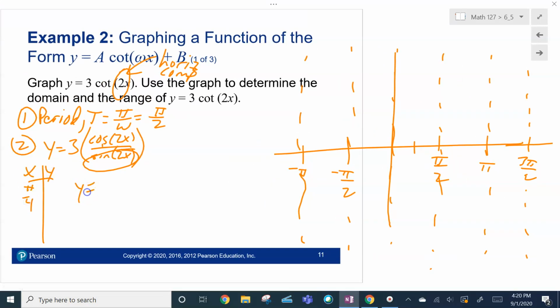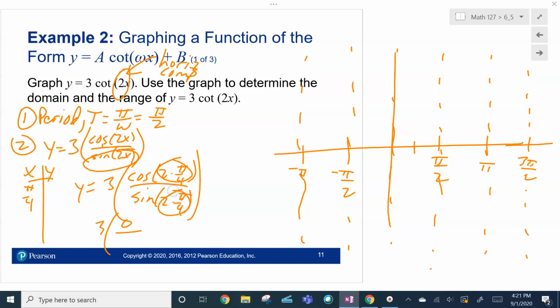That's a good one because 2 times pi fourths gives me pi halves, and I know the cosine of pi halves is 0. I know the sine of pi halves is 1, so I get 0 over 1 is 0, times that 3 in front. This ends up being 0.